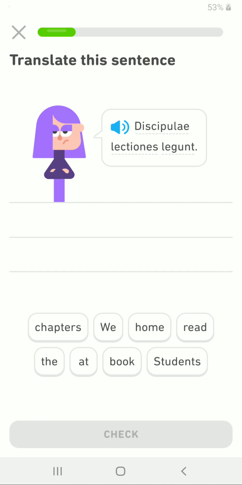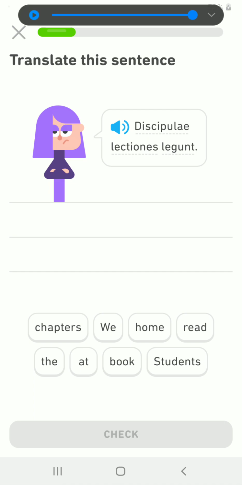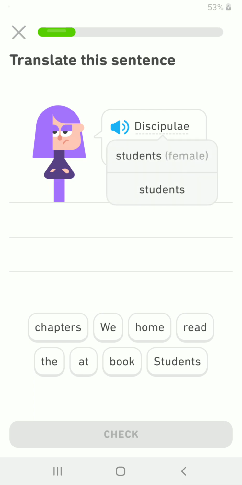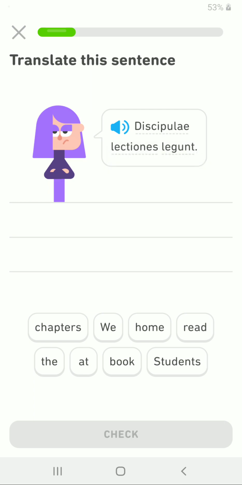Discipulae lectiones legunt. Let's listen again. Discipulae lectiones legunt. Discipulae, we know it's the plural for female students, and legunt is the third person plural.